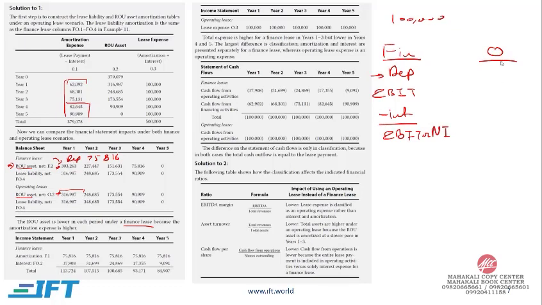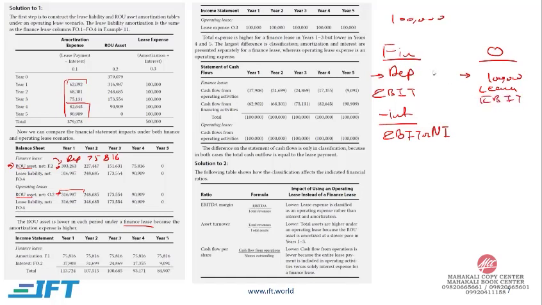Now in operating lease, what's happening? In operating lease, there is only one expense, that is your lease expense of 100,000. Now we have deducted the whole 100,000, and then we are getting EBIT.